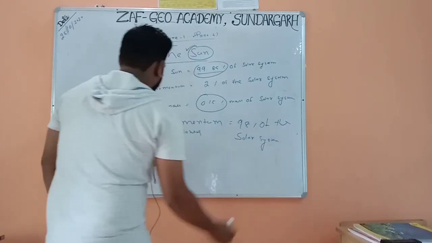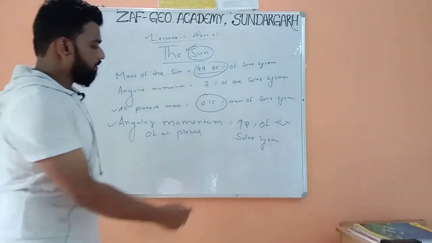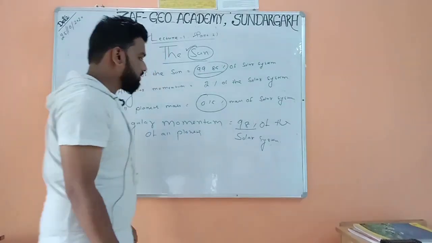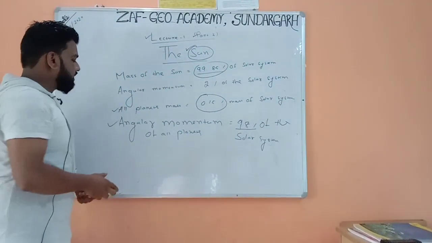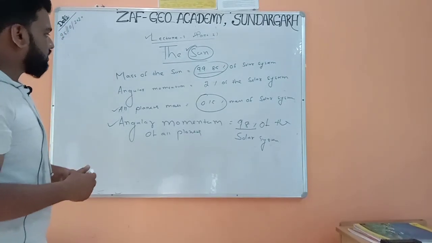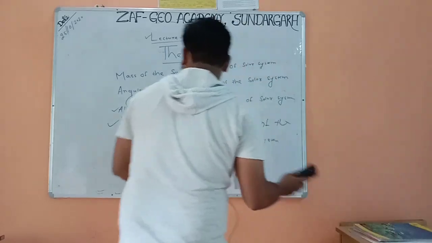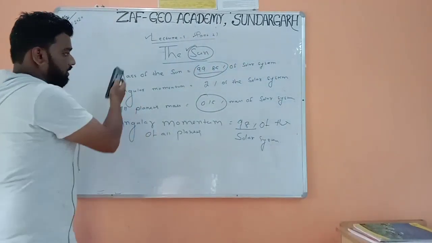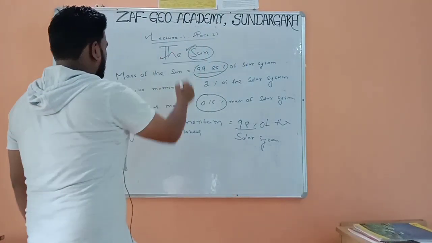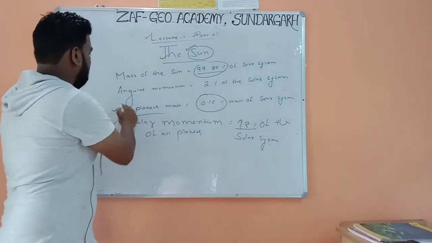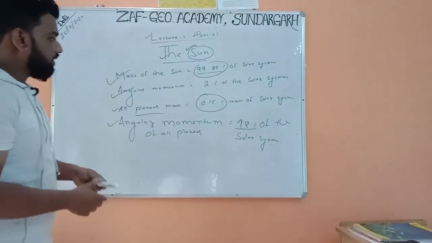So the angular momentum by all planets is very large, 98% of the solar system. This is the basic idea about the angular momentum and mass of the sun and the planets. In this content, I have compared the sun and the planets on the basis of angular momentum and mass. So take a screenshot and note it down.